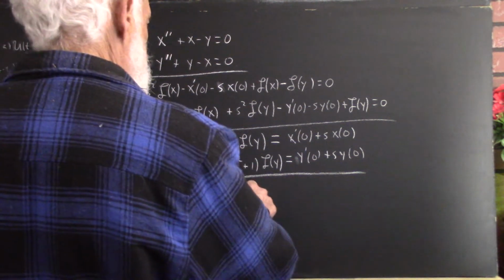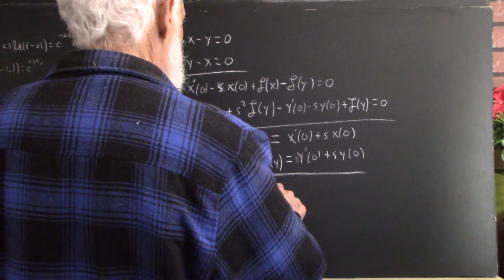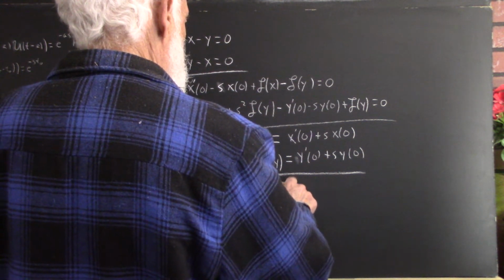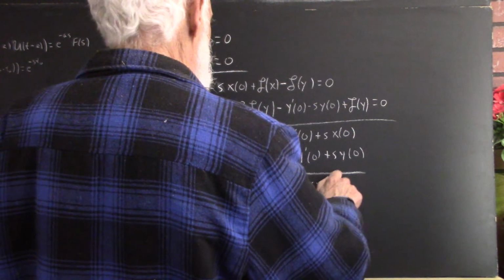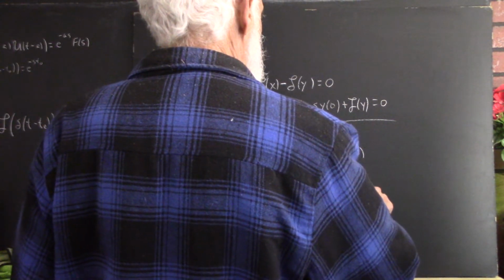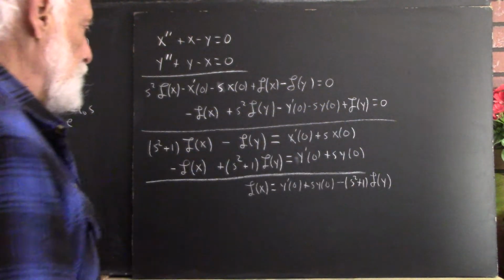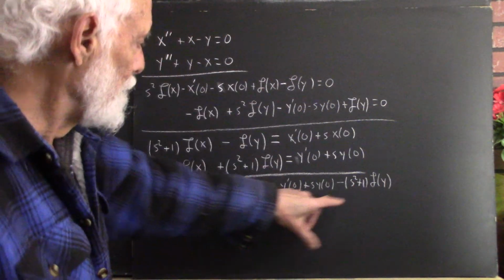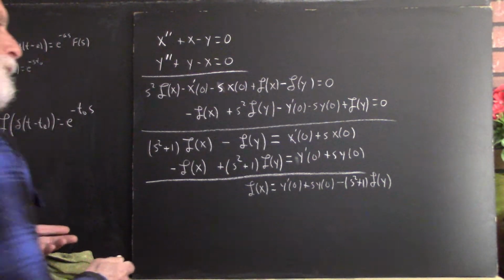So we get this, we just write it down and get the negative of this thing over on this side and everything else repeats. So now what do we have?